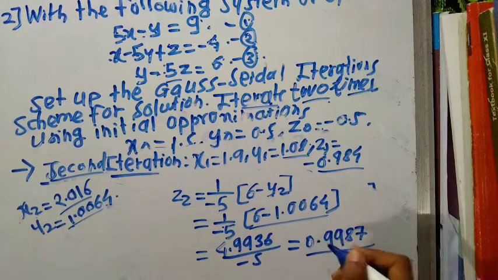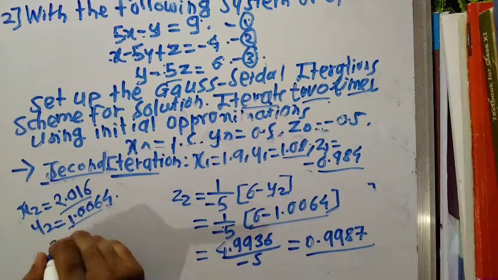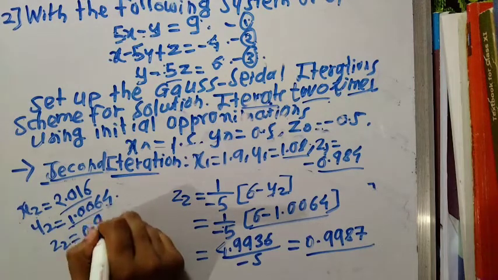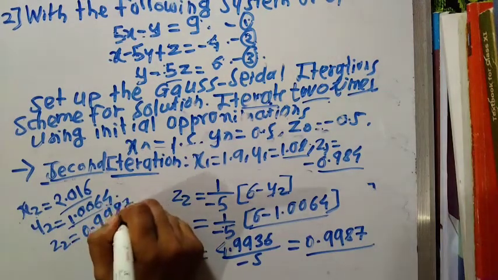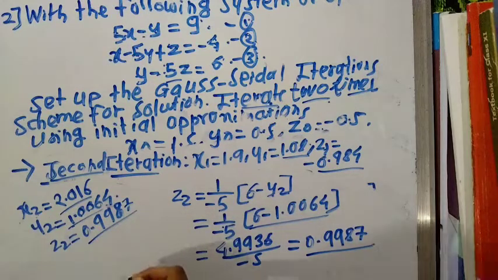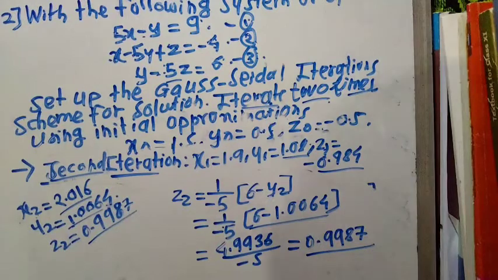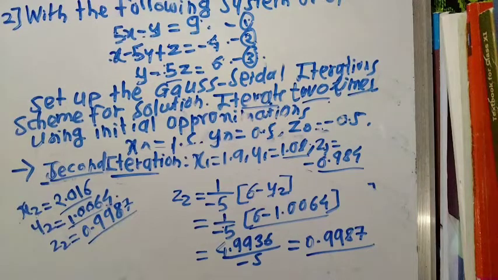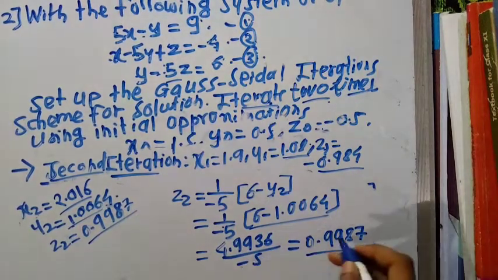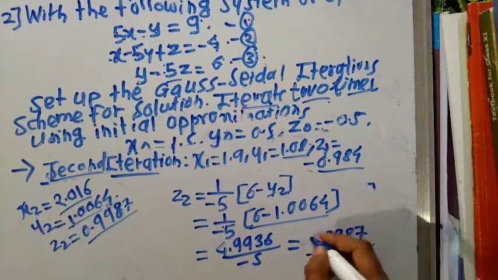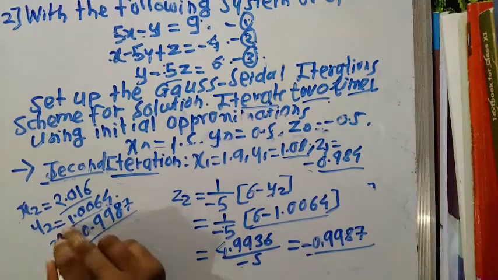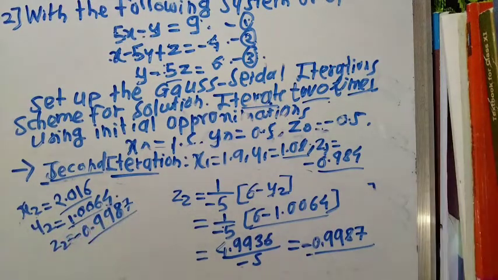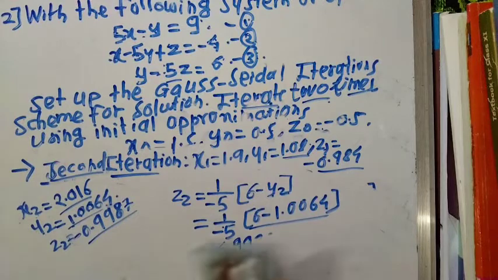Here there is a minus sign, so z2 is minus 0.9987.